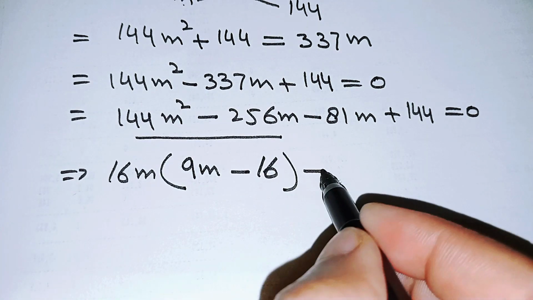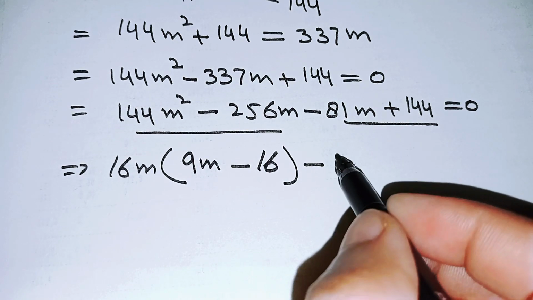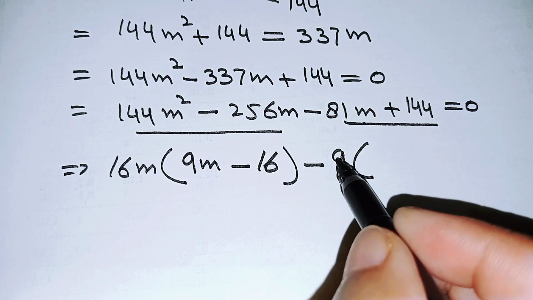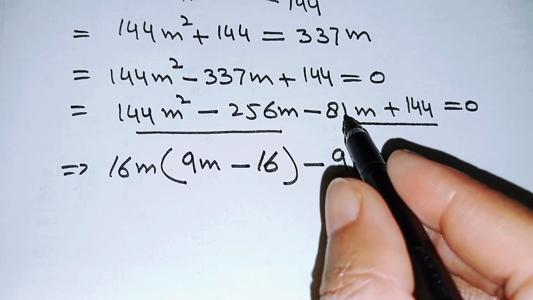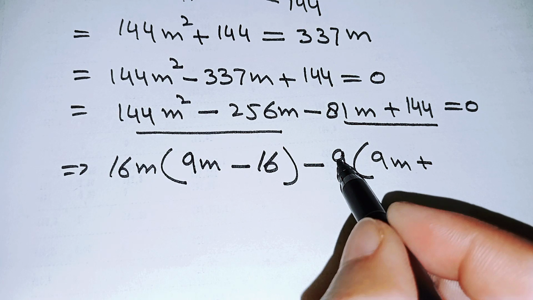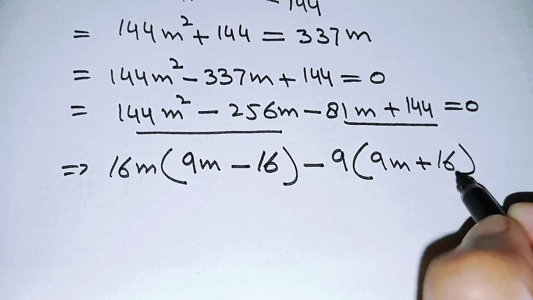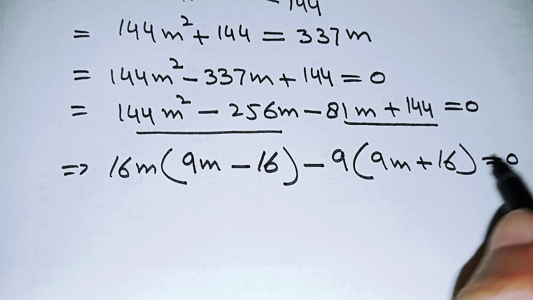And now here minus, and now here we take common 9 out of bracket, and this 9 divided by 81 is 9m, and plus this 9 divided by 144 is 16 and is equal to 0.